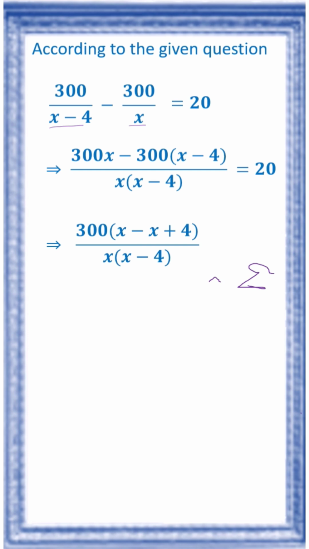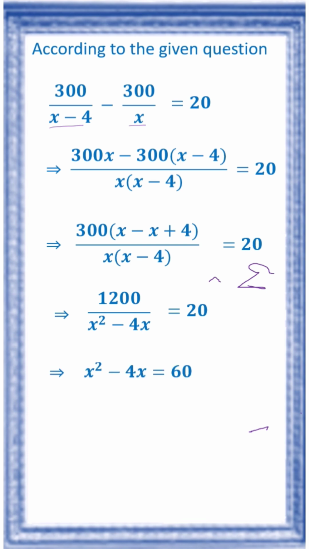Now x and x get cancelled. Let it be. That is equal to 20. So 300 into 4, that is 1200 upon x square minus 4x, that is equal to 20. Here 20 and 1200 can get cancelled, that is 60. Here 1 in the place of 20. So x square minus 4x is equal to 60.